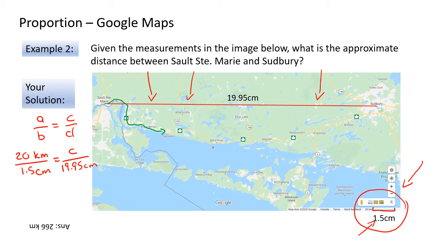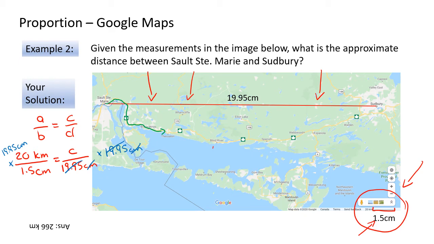To solve for this, I need to have C by itself. So to do that, I need to multiply both sides by 19.95 centimeters. What that does is on the right side, the 19.95 is in the numerator and the denominator, and it cancels, as well as the centimeter units.